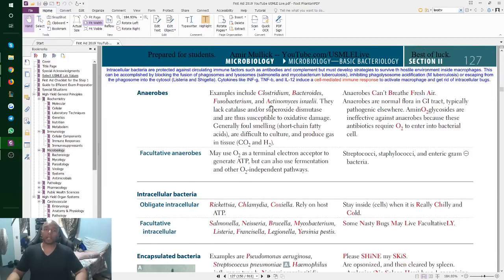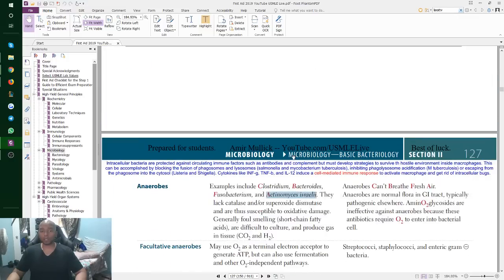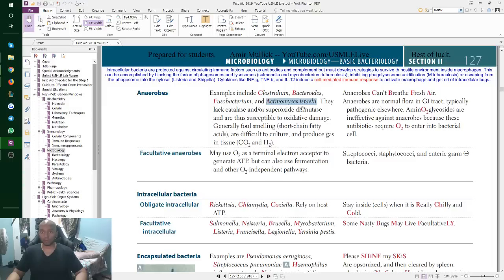So anaerobic guys are Clostridium, Bacteroides, Fusobacterium, and Actinomyces israelii. You can already see Nocardia and Actinomyces are always compared, and they're different even in this aspect. Actinomyces is the one that's anaerobic. They lack catalase and/or superoxide dismutase and are thus susceptible to oxidative damage.